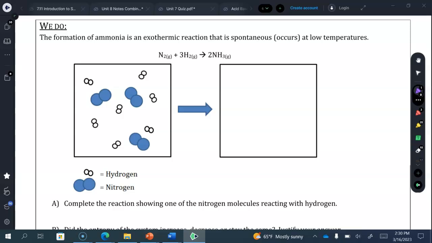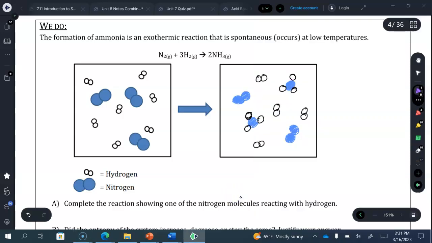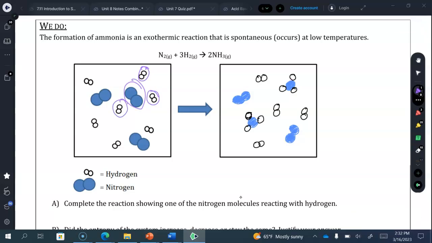So please pause the video and show one nitrogen molecule reacting with hydrogen.